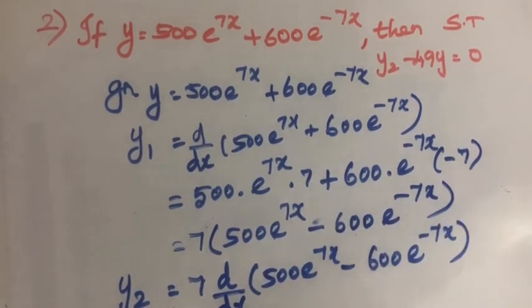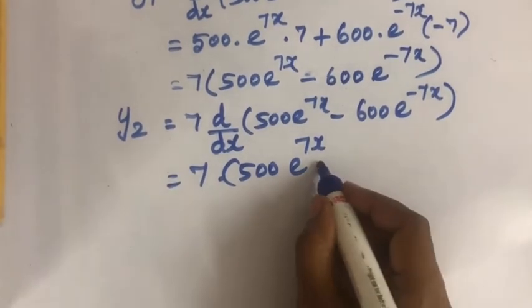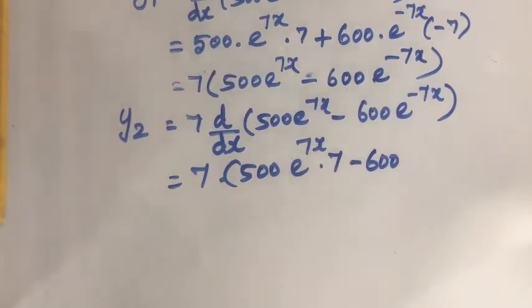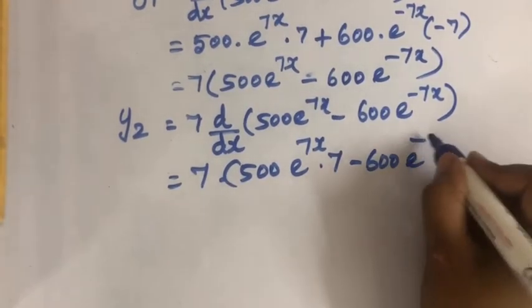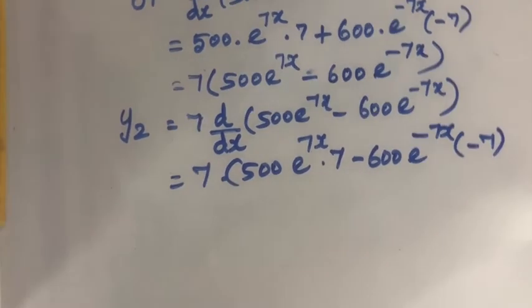So 7 into the differentiation of this: 500 into e power 7x, again e power 7x into 7. Similarly, minus 600 into e power minus 7x into minus 7.